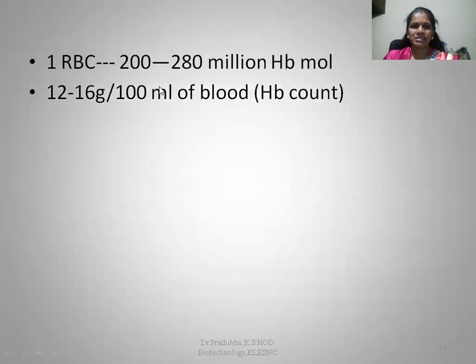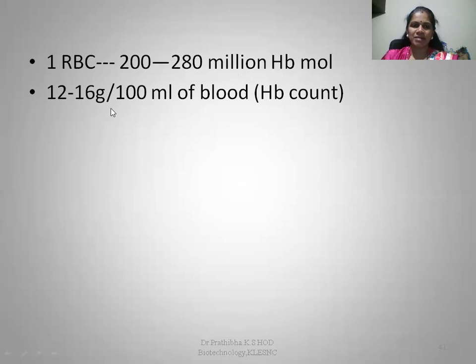In one RBC, in one red blood corpuscle, 200 to 280 million hemoglobin molecules can be seen.